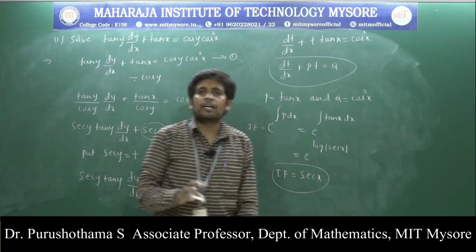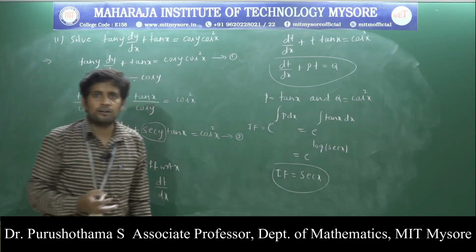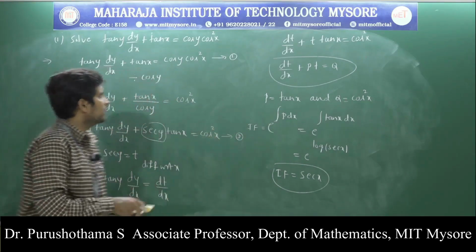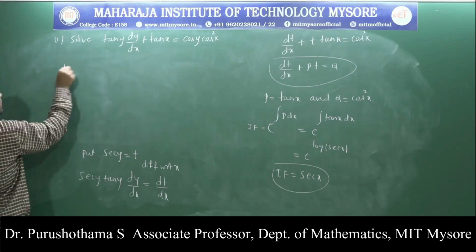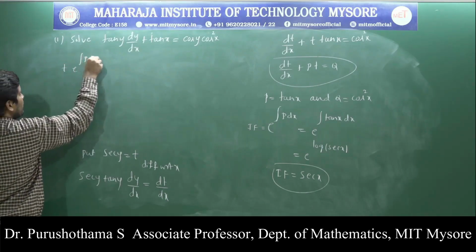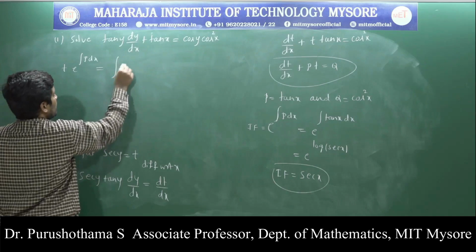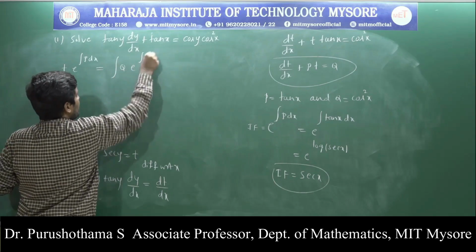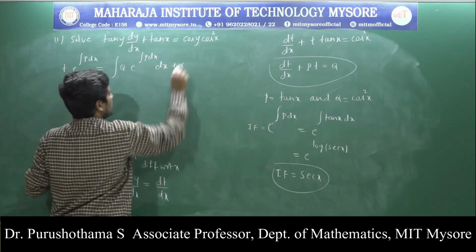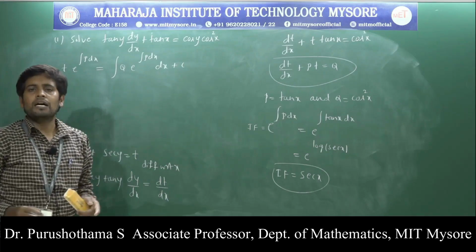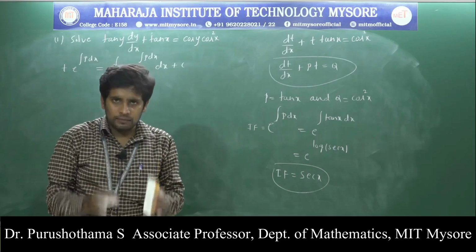Using the integrating factor, write down the solution. The solution of the given linear equation is t into integral of p into dx equal to integral of q into e power integral of p into dx with respect to x plus c. This is the solution of the linear differential equation.